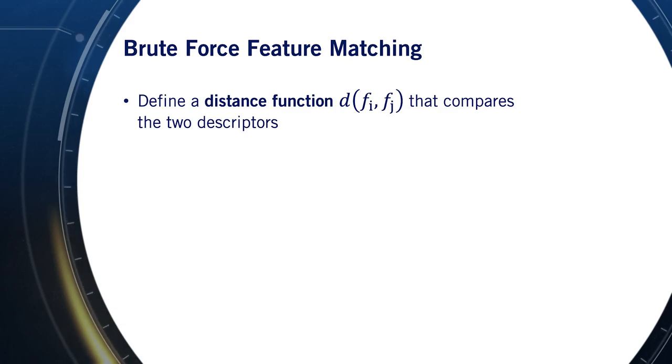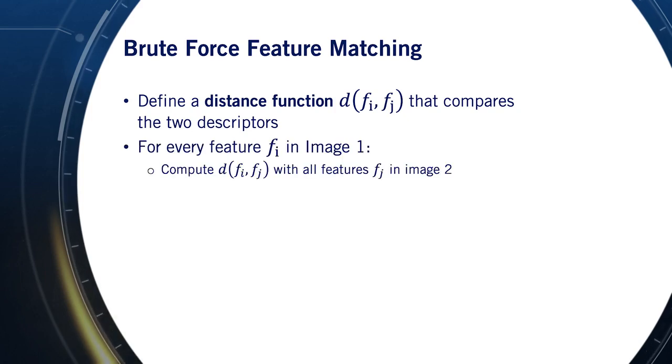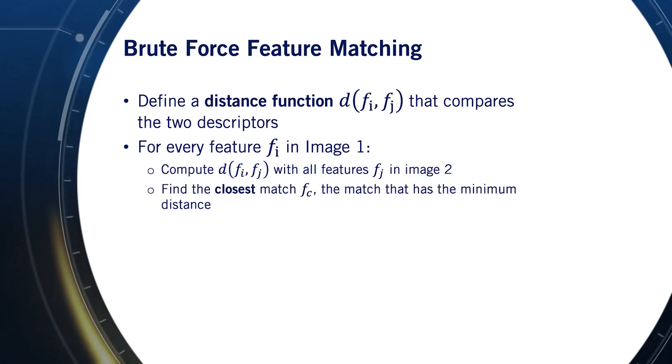The more similar the two descriptors are to each other, the smaller the distance between them. Second, for every feature fi in image 1, we apply the distance function d to compute the distance with every feature fj in image 2. Finally, we will return the feature, which we'll call fc, from image 2 with the minimum distance to the feature fi in image 1 as our match.